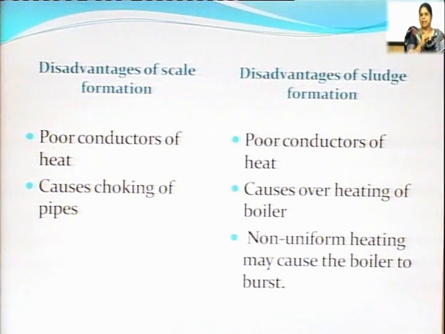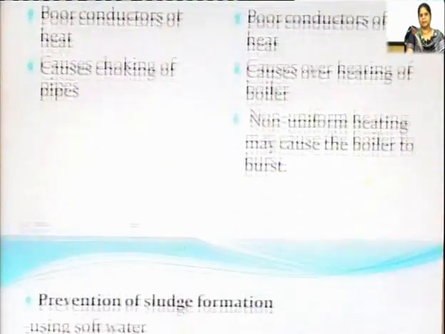When a crack appears in the scale, the water comes directly onto the overheated surface, which results in a large amount of steam production at that point, and it may cause the boiler to burst.